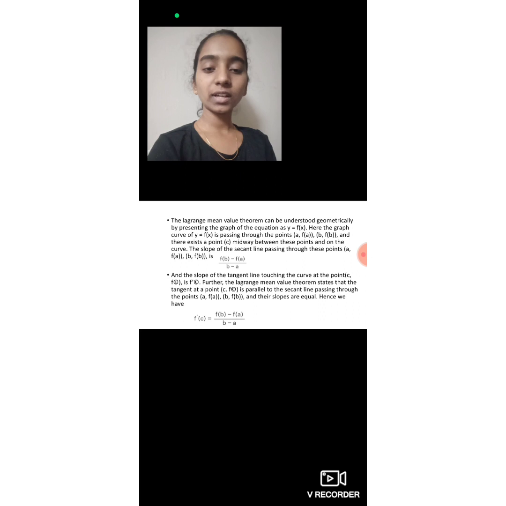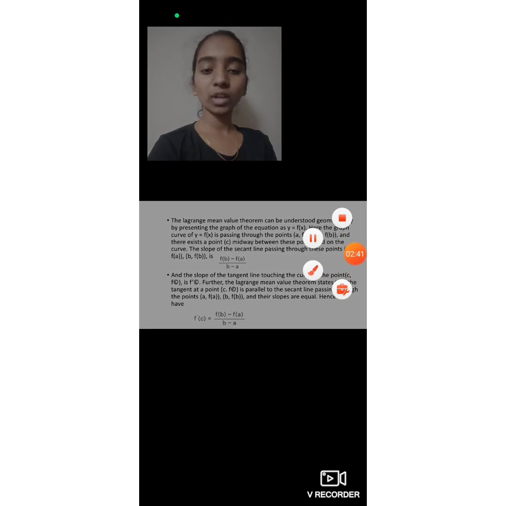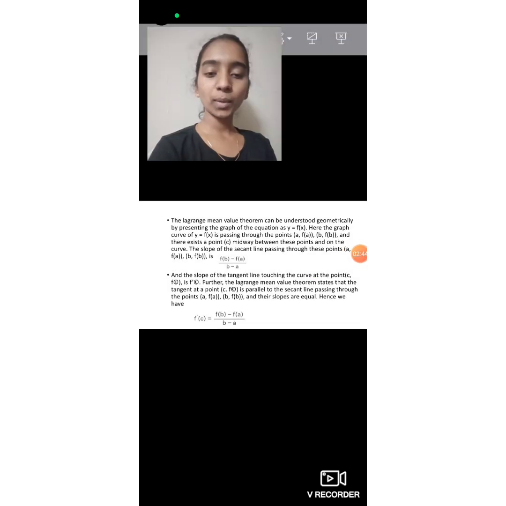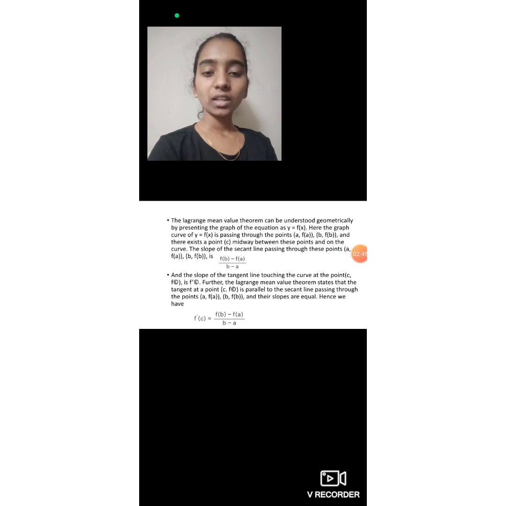The slope of the secant line passing through these points is (f(b) - f(a)) / (b - a), and the slope of the tangent line touching the curve at the point (c, f(c)) is f'(c).